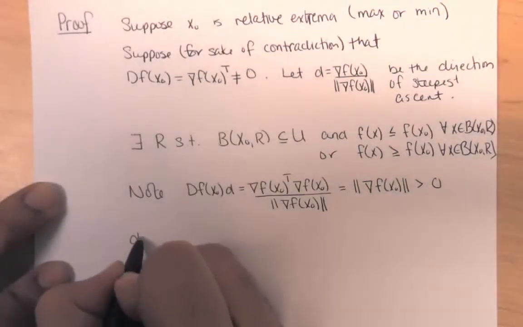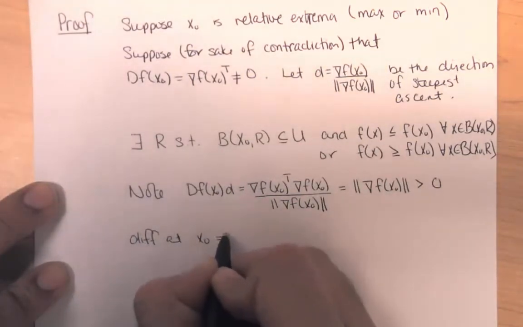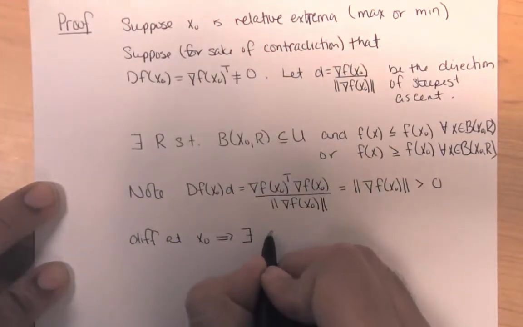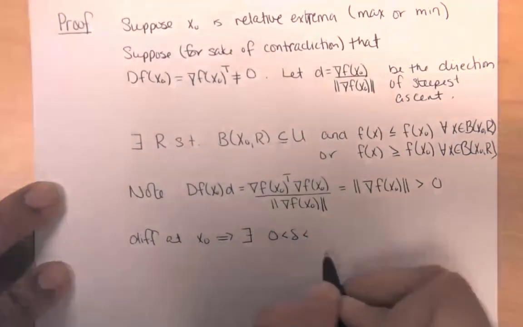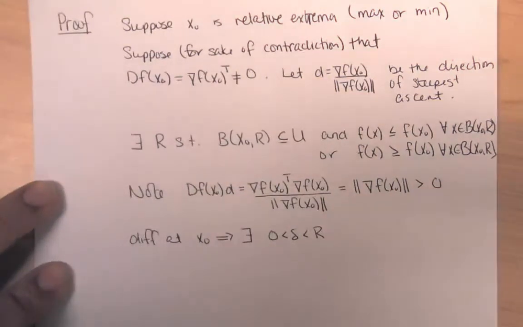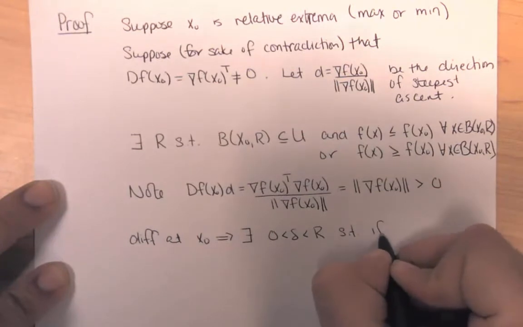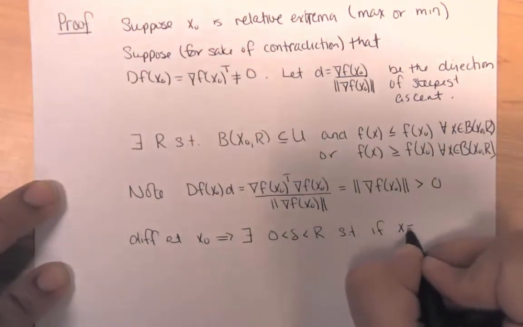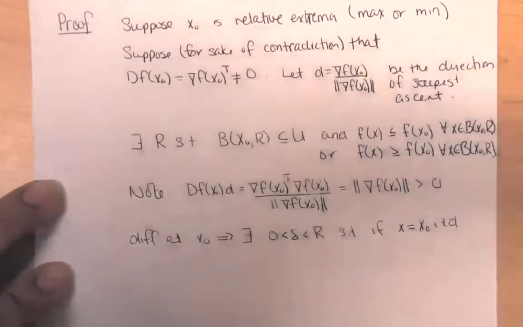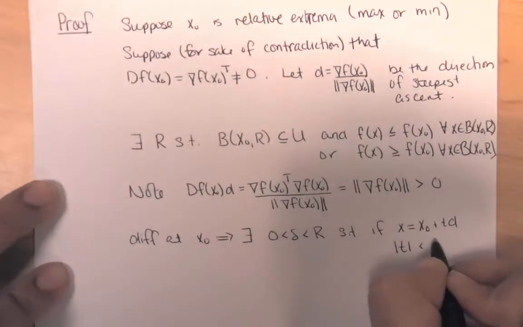Now the differentiability at x naught implies there exists a delta, and I can choose delta to be less than r, such that if x equals x naught plus td, where t in absolute value is less than delta.